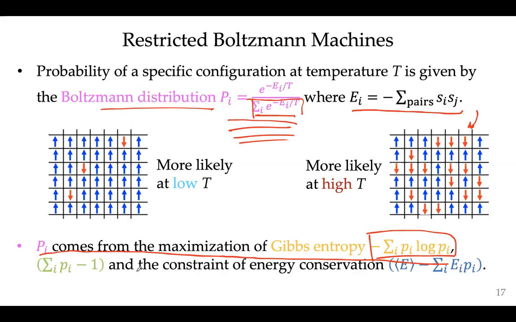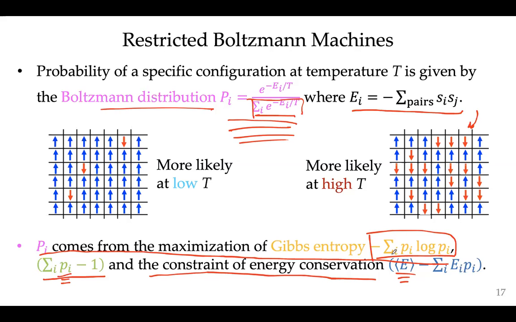You want to maximize the total entropy, and you also have to add the fact that the summation of the probabilities should add up to 1, and that there is a constraint of energy conservation, so the average energy will be equal to some average energy variable.